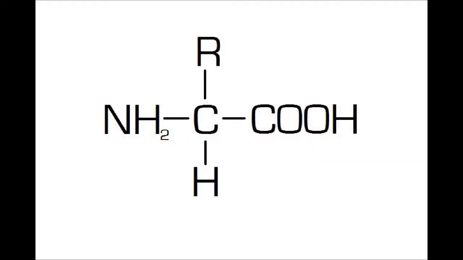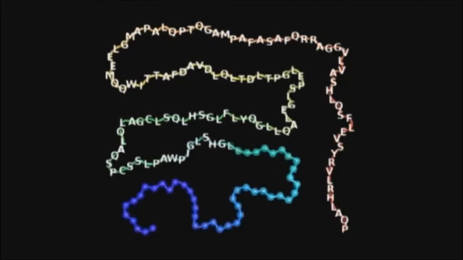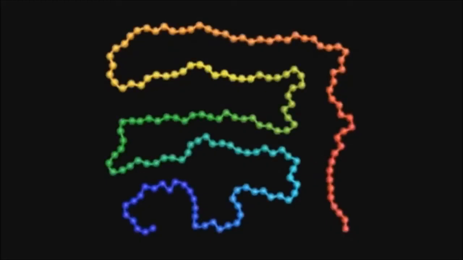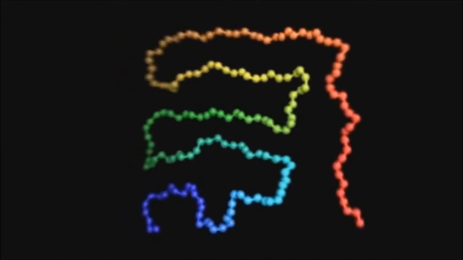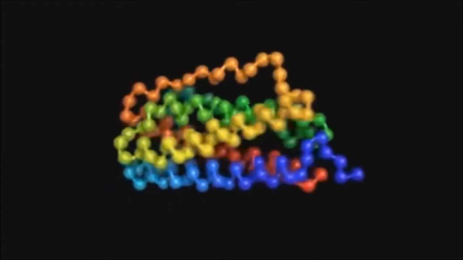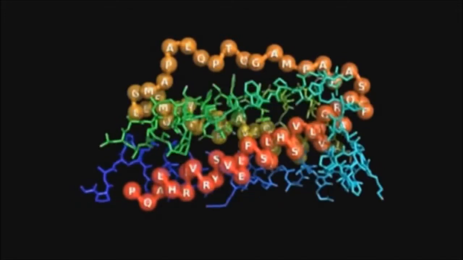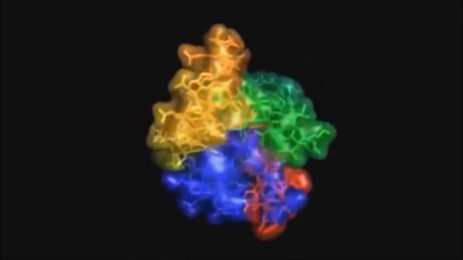Alright, so what amino acids do is when they have that empty R space right there, they like to chain with other amino acids and keep chaining on with more and more amino acids, to eventually where they'll have a bunch of chains here, and when there's so many, they'll be able to twist and fold and mold into other chains and bigger chains, and then they'll be able to make bigger shapes and different kinds of forms to where they'll be able to perform different functions in the body.